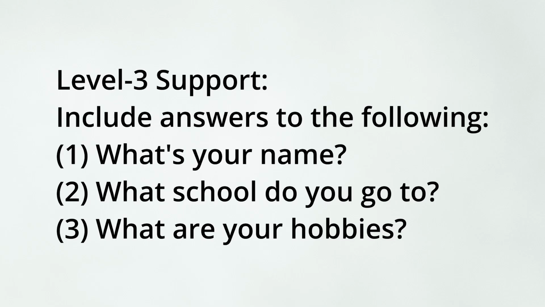Level 3 would provide some support at the discourse level through guided questions. Students using this support would be provided questions that the autobiography should answer, such as what's your name, or what school do you go to, or what are your hobbies. This should work well for students at the A2 level.